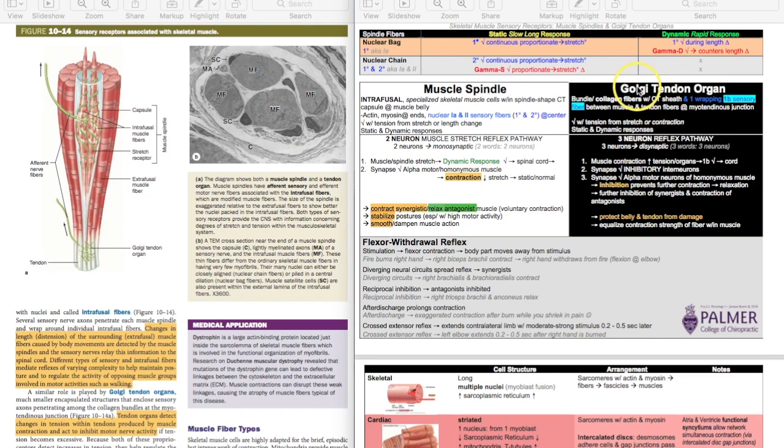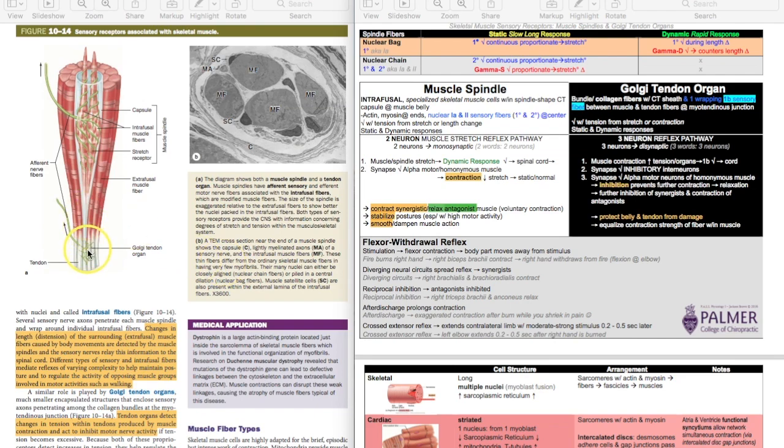You might have to narrow it down to something basic like true or false: Golgi tendon organs function to inhibit or stimulate muscle contraction. You're going to want to go with inhibit because the second neuron of this 3-neuron pathway is an inhibitory interneuron, so it is going to inhibit further contraction.